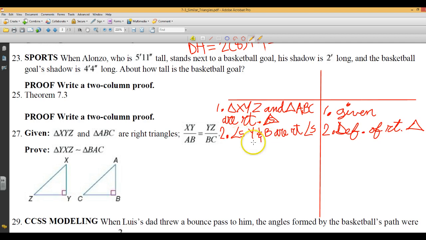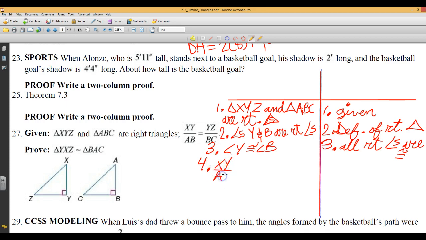And if Y and B are right angles, we can say that they're congruent because all right angles are congruent. And we're also given that XY over AB is equal to YZ over BC. And so that's enough information to say that the triangles are similar by side angle side similarity.